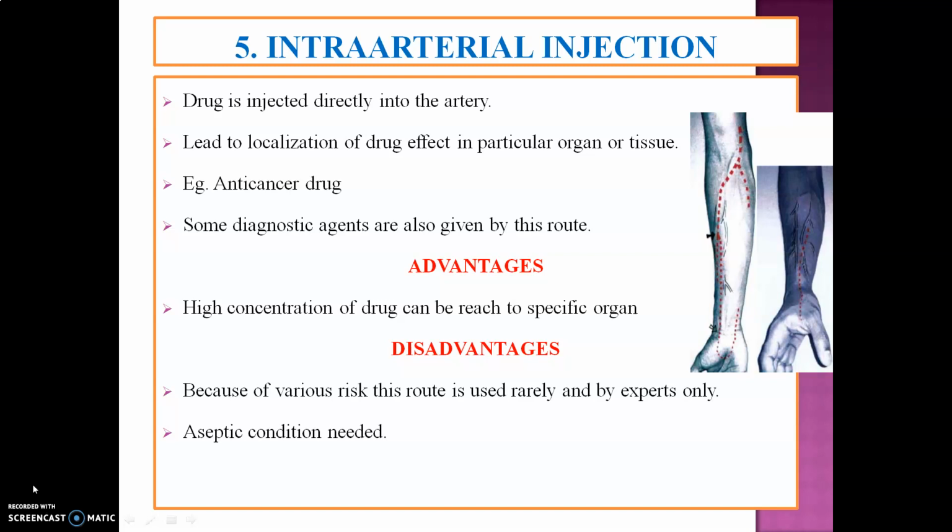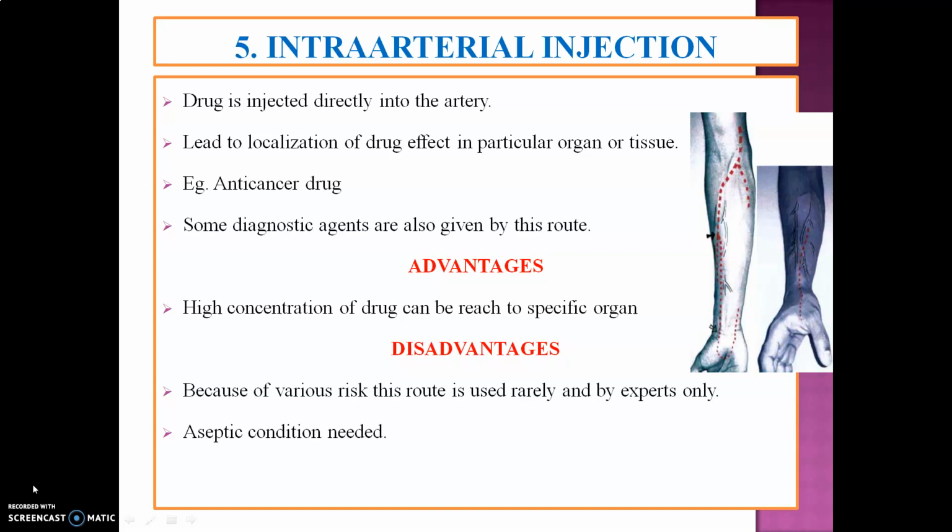The normal function of an artery is to provide oxygenated blood to each and every part of our body. Because of this, whenever we inject a drug in an artery, it leads to localization of drug effect in a particular organ or tissue.